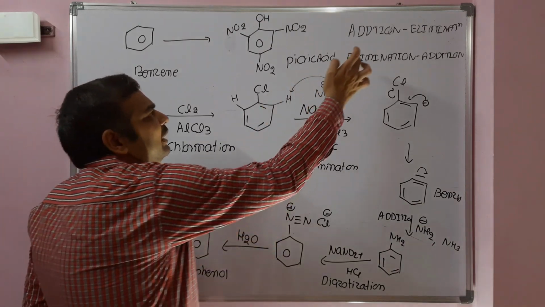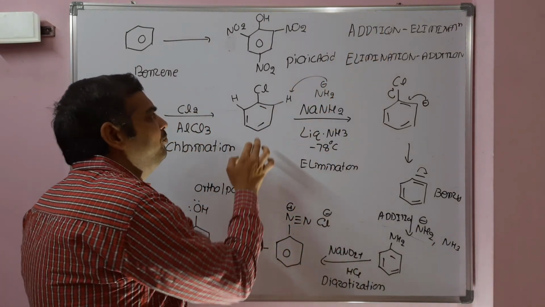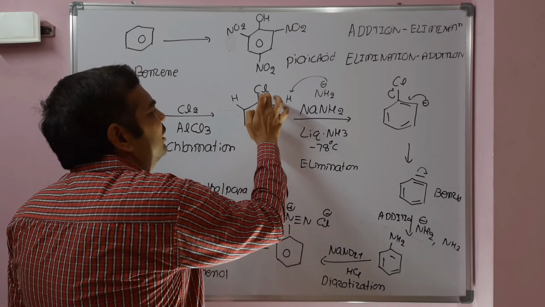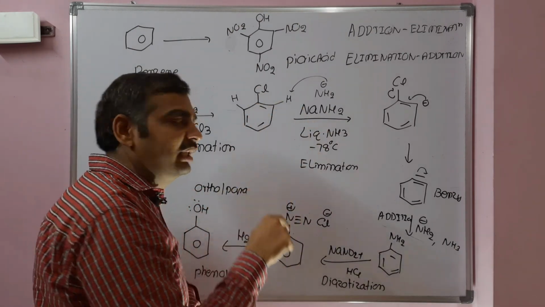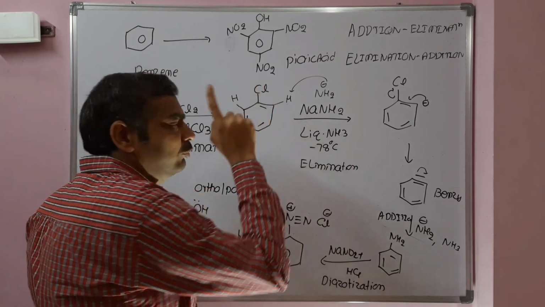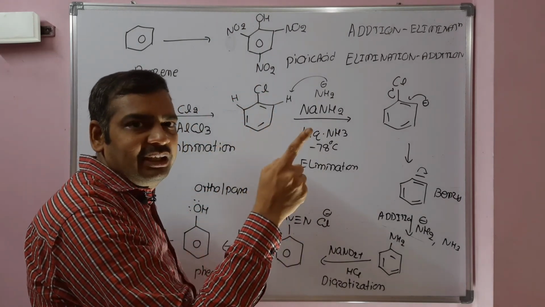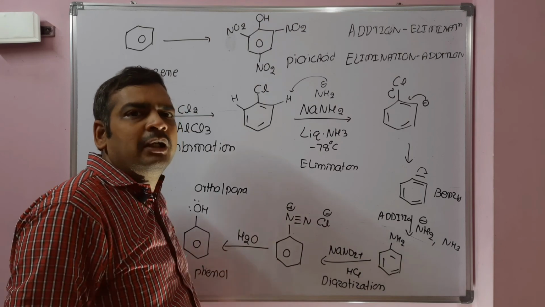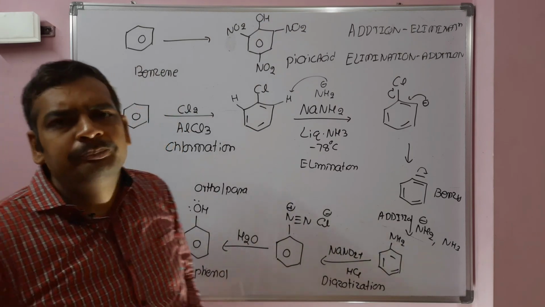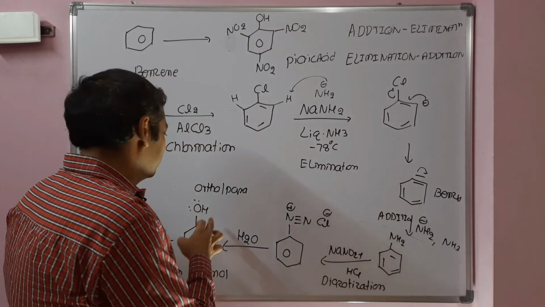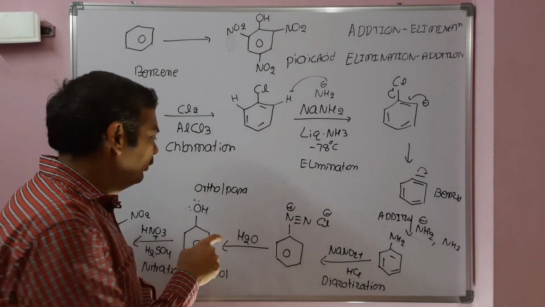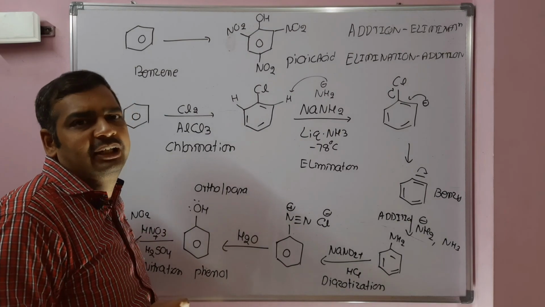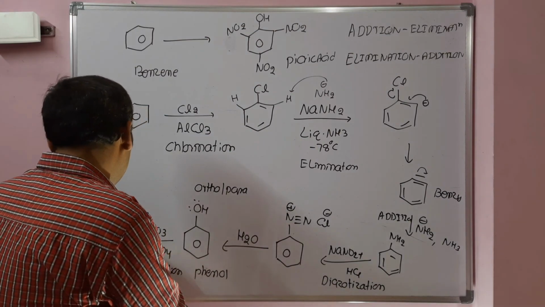See what is happening in the addition elimination mechanism. After preparing chlorobenzene, we first do nitration, then replace chloro with OH at 135 degrees centigrade. After preparing 2-nitrophenol, we do nitration to give picric acid.